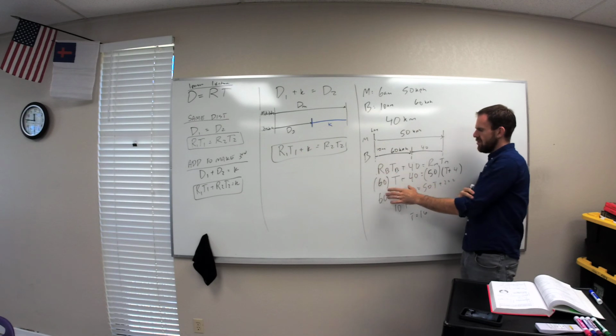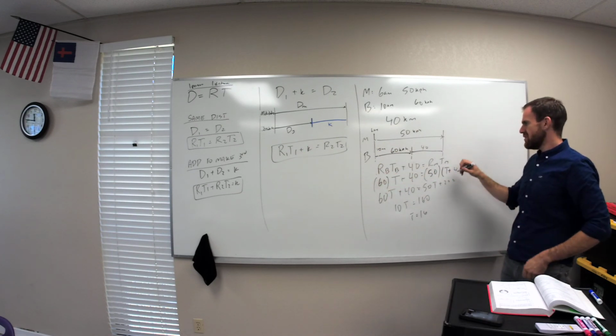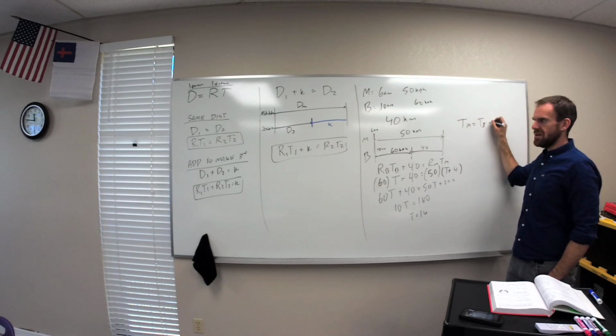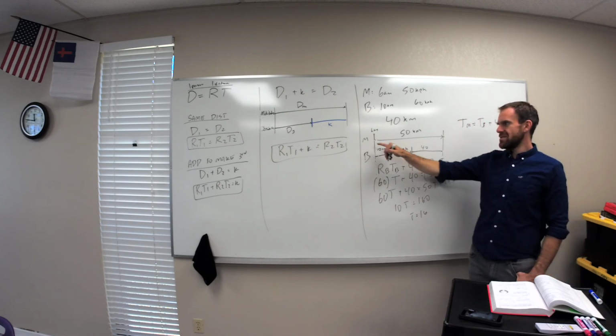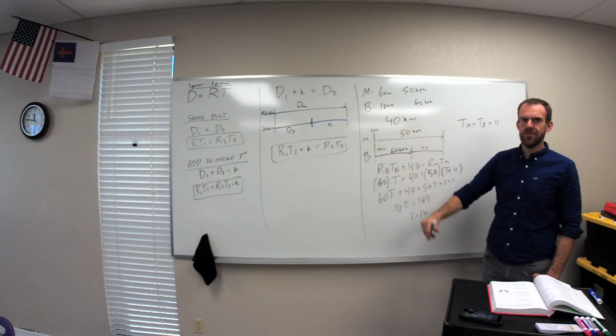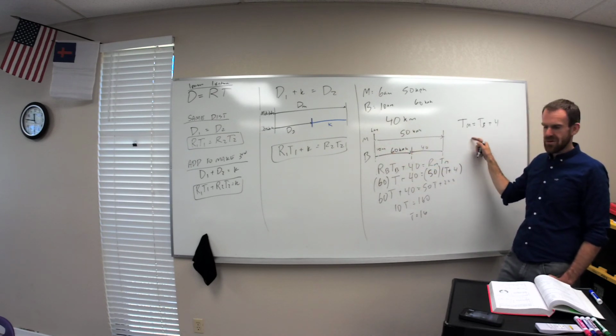Okay? We plugged in. Now the time thing is funky. If you want, you could write a completely different equation. Tm equals Tb plus 4. Why? Because m's time was 4 hours earlier than b's time. So m was going for 4 hours first, and then you add however long b was going.